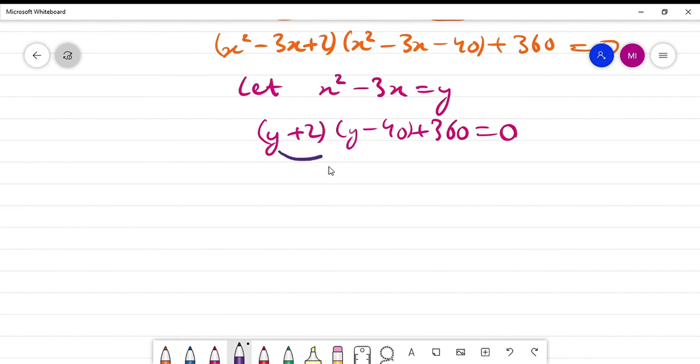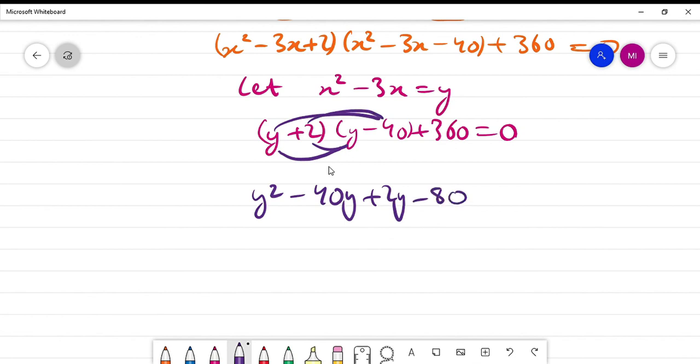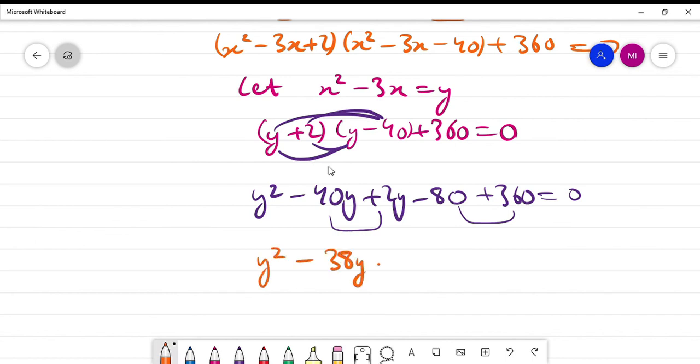And now multiplying y into y is y squared, y into negative 40 is negative 40y, 2 into y is 2y, and 2 into negative 40 is negative 80, plus 360 is equal to 0. Simplifying these two and these two, we get y squared minus 38y plus 280 is equal to 0.